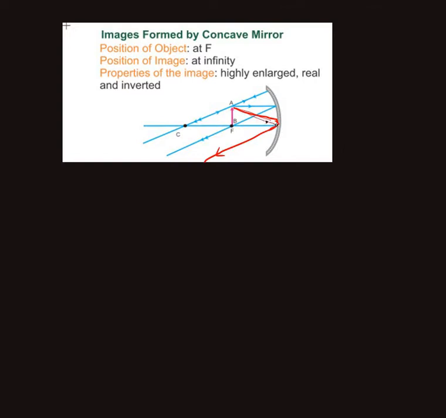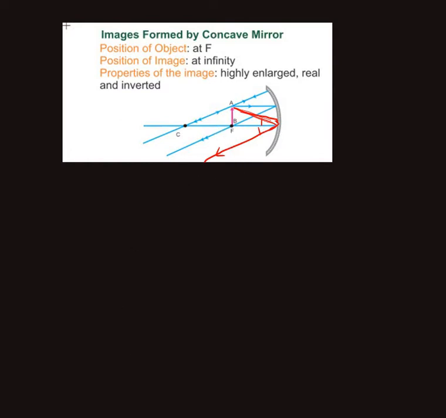This one should go something like this, because this angle and this angle are the same by the law of reflection, and they never intersect. Theoretically they would meet at infinity, but an image at infinity you cannot see. Alright, this was the one we did in last class.